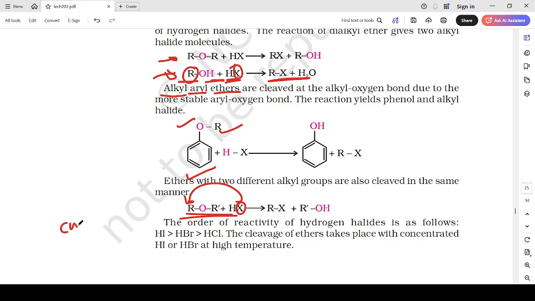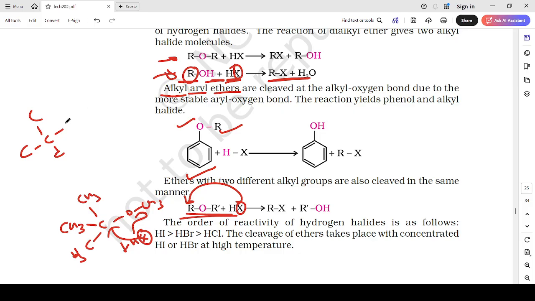Let me say I'm having CH3, C(CH3)2, OCH3 is there. Where will this X go and add? The X adds here and the H adds here. So I'll have it like this. Do you understand this?